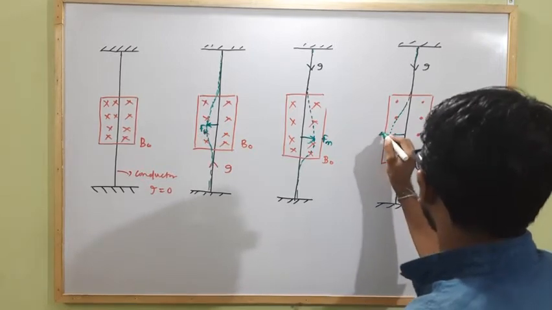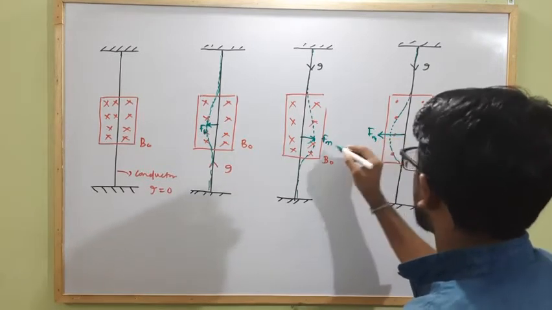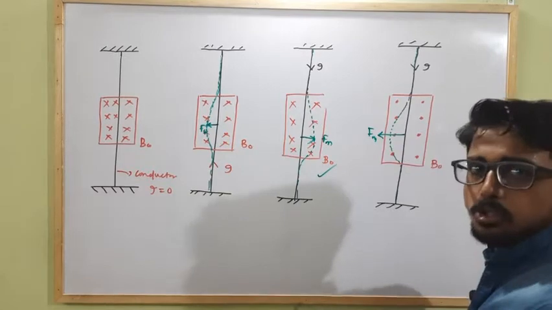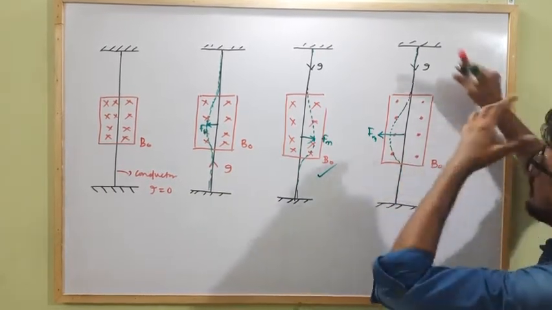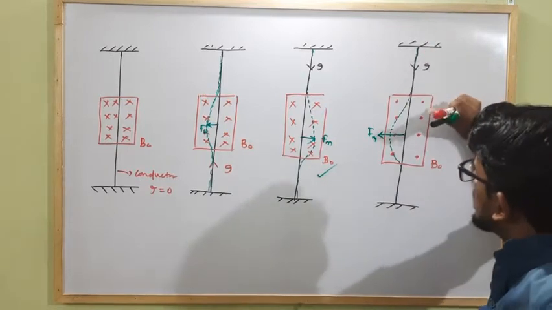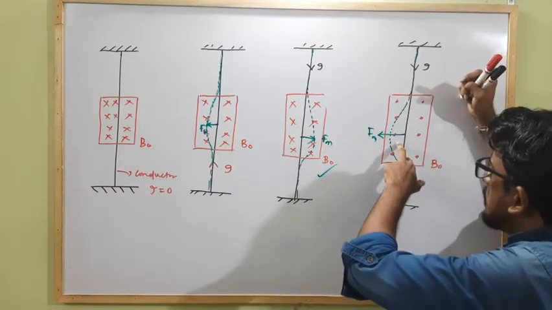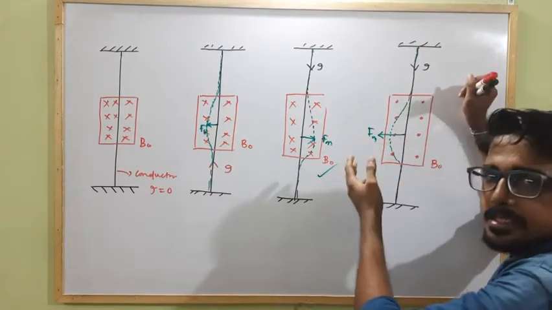It will experience a force in the opposite direction to that of the previous case. So it was also observed that if we change the direction of the magnetic field, keeping the direction of current constant, the force experienced by the conductor will change.